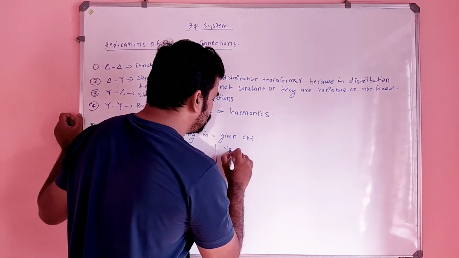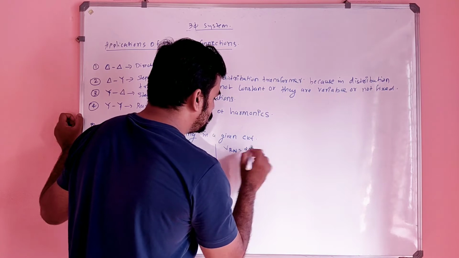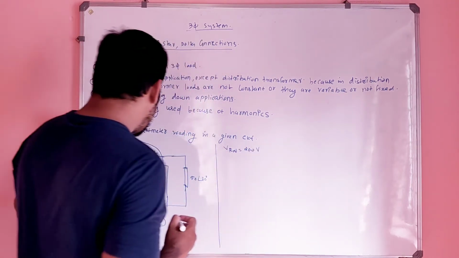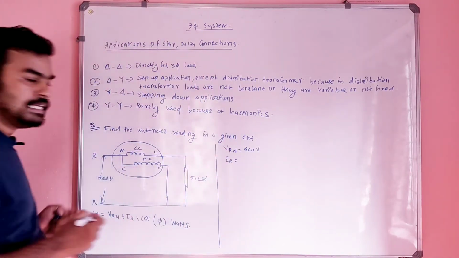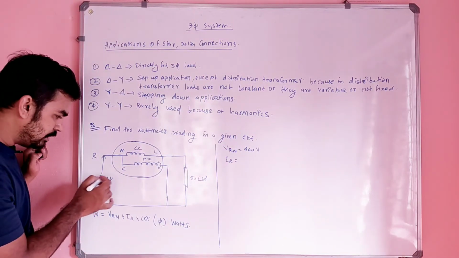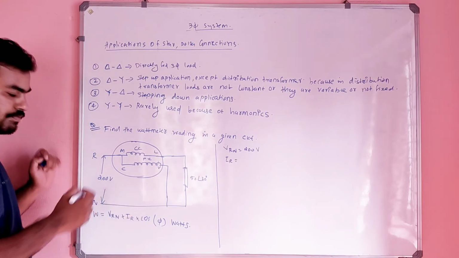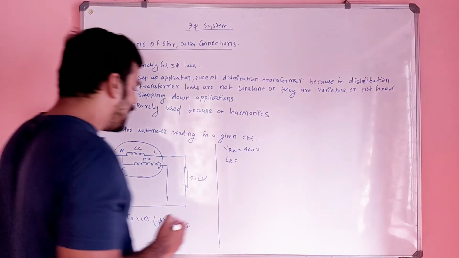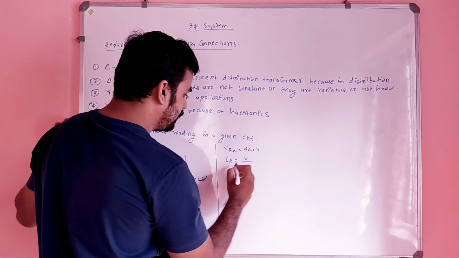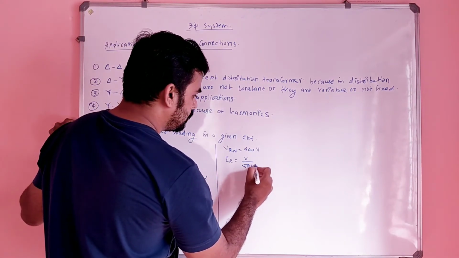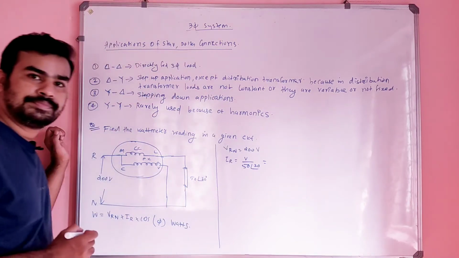So I can rightly write VRN is 200 volt. And what is IR? All these are RMS values. This VRN is an RMS value. So IR will be V divided by this load, 50 angle 30.